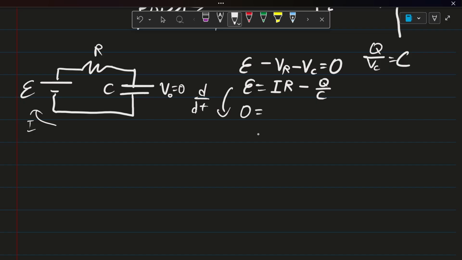This is going to be 0, which equals di/dt multiplied by R, subtract negative dq/dt, and that's actually the current, over C. So what we get is a differential equation which you could solve to get I equals, oh wait, did I do this correctly? Whoops, it should be plus. So I should be E something times e to the power of negative t over RC. So this RC here is something which you normally call the time constant.